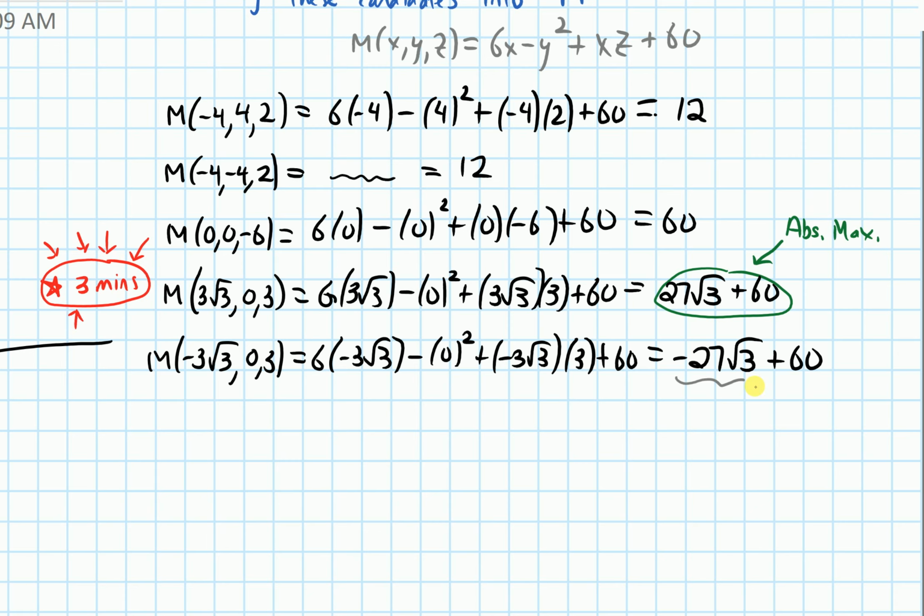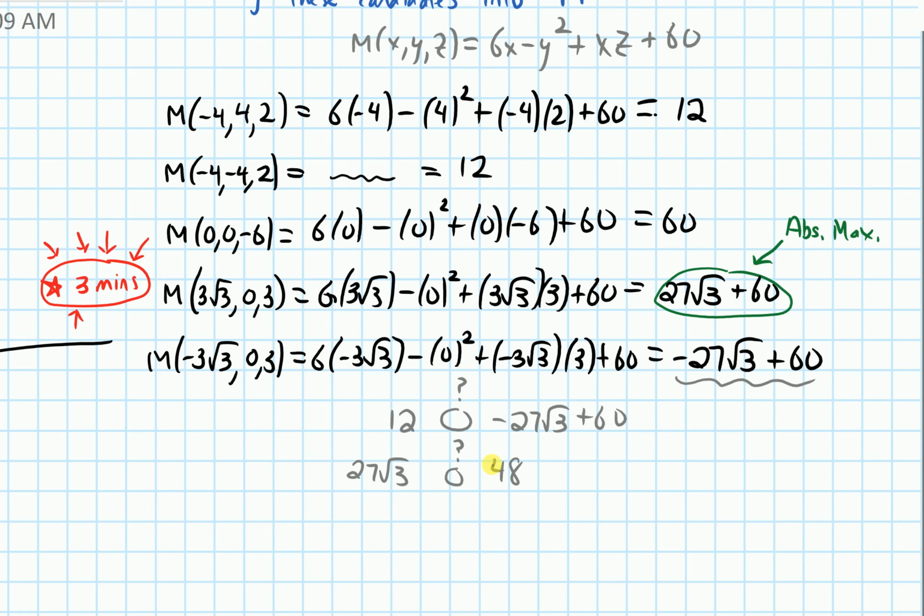So for a value like this, we need to know: is this smaller than 12? And it's possible to check that without a calculator. I could ask myself, between 12 and negative 27 root 3 plus 60, which is bigger? If I rearrange this, we get 27 root 3, mystery sign, 48.